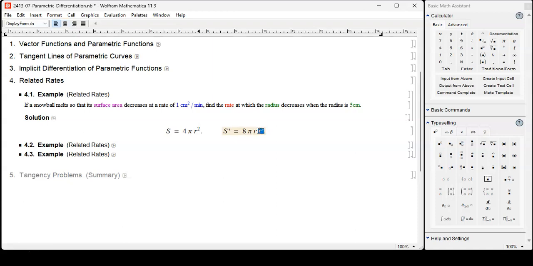This one here, r prime, is the rate that we want to find out. And then this one here, s prime, this one we know. It decreases at the rate of 1 square centimeters per minute.